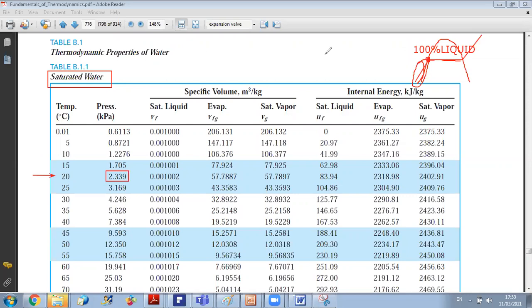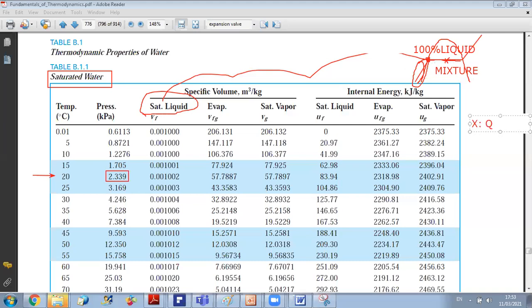This state here is referred to as saturated liquid. Now any point in between, you have a mixture. So here you have a mixture of phases, liquid and vapor. Then to define your mixture, you need one property which is called the quality, X. The quality X is between 0 and 1.